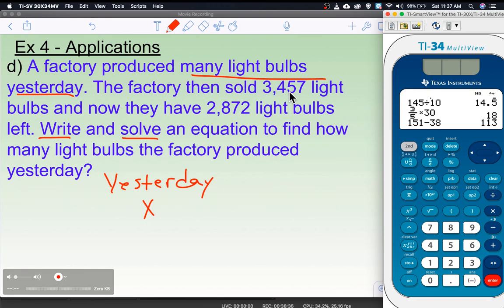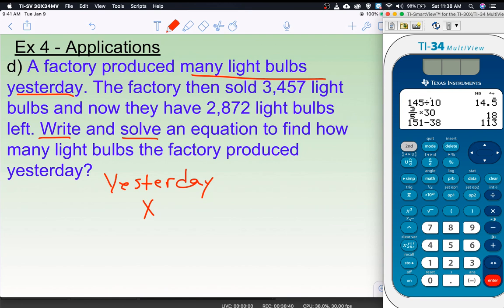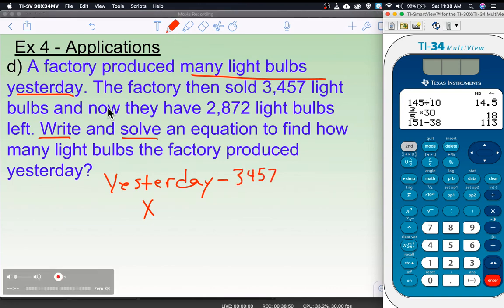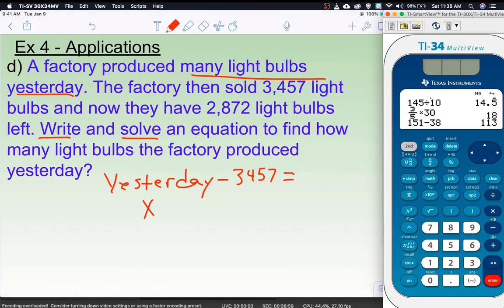If you're selling your light bulbs, is the amount of light bulbs you have going to go up or down? It's going down. And it's going down by using a subtraction. So we're going to take away 3,457 of these light bulbs. And it says, and now they have 2,872 light bulbs left. So after we've taken this away, we would still have 2,872 left.